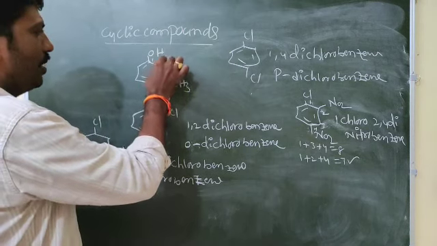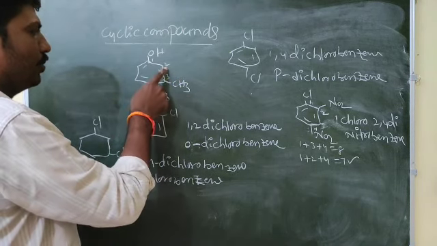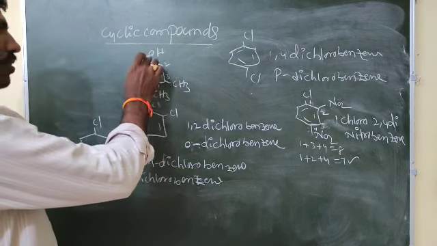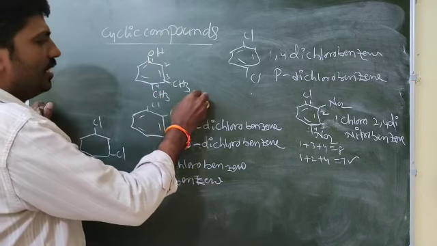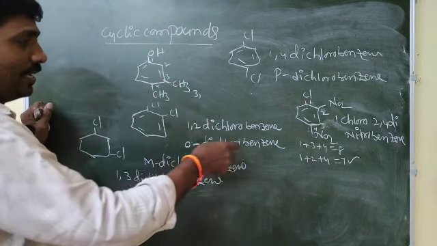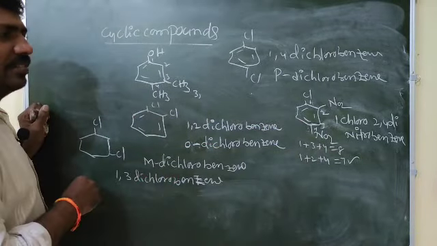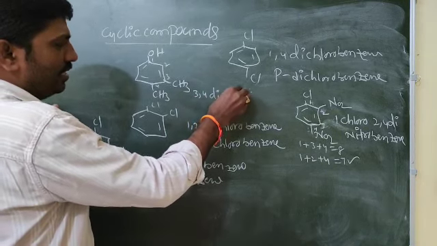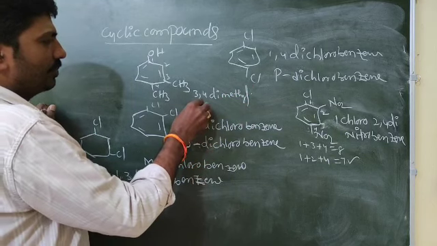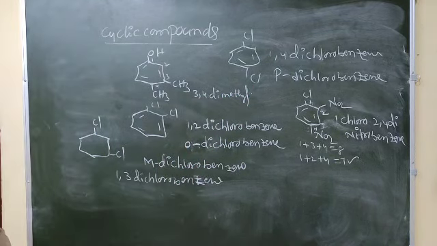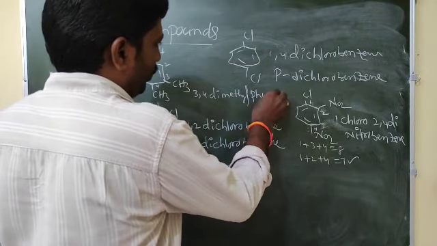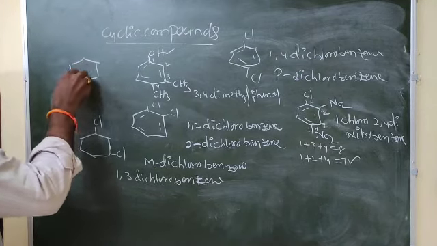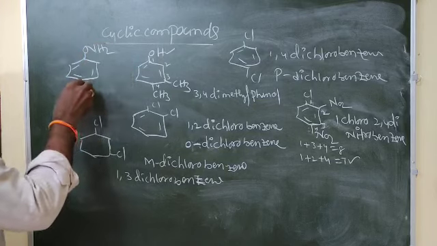Numbering we should give 1, 2, 3, 4 from the OH side, because here alcohol is the major functional group, so we number from here. The substituents are the same, but here this is the main functional group. 3,4 dimethyl, substituent names first: 3,4-dimethylphenol. So a benzene ring with OH is phenol, and a benzene ring with NH2 is aniline.